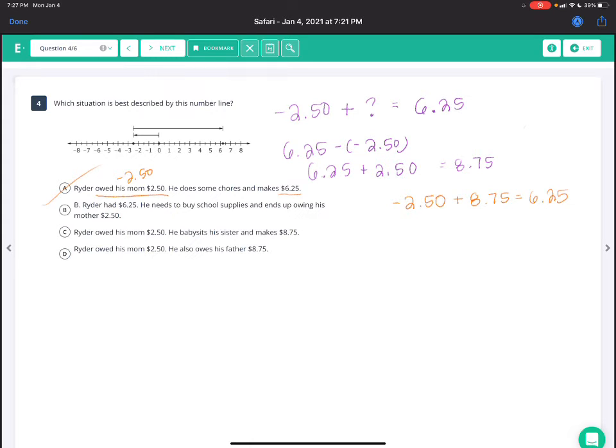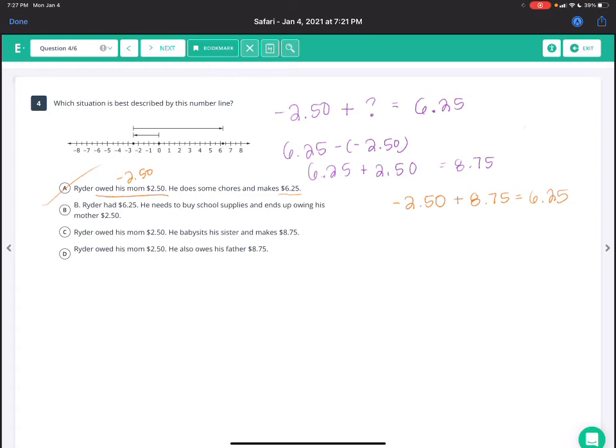Choice B says Ryder has $6.25. He needs to buy school supplies and ends up owing his mother $2.50. So he has $6.25, which is positive.